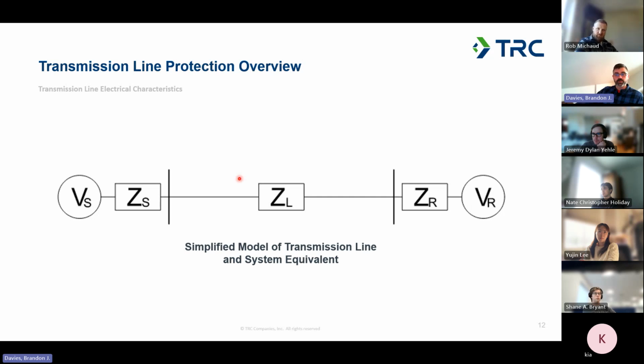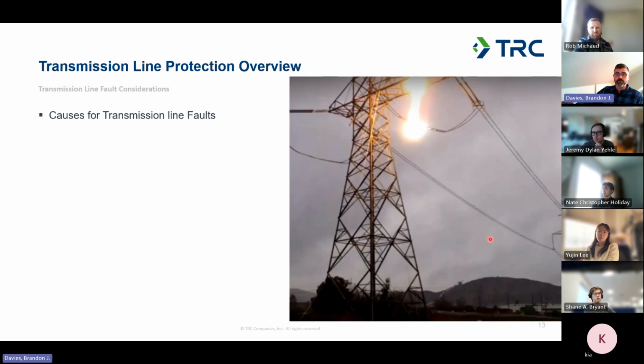So this ZL is just that resistor and inductor in series with this circuit. If you think about it as an electrical circuit, it is really fairly simple. It's just a couple sources with an impedance between them, and that's the type of analysis we can do for most of the analysis we do on transmission lines.